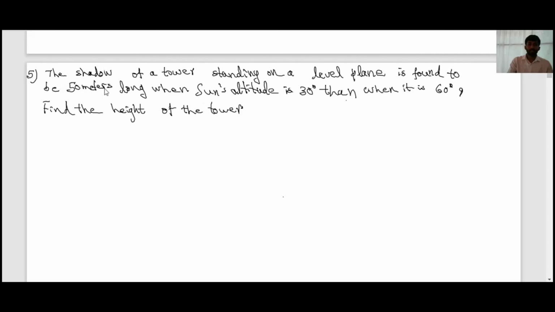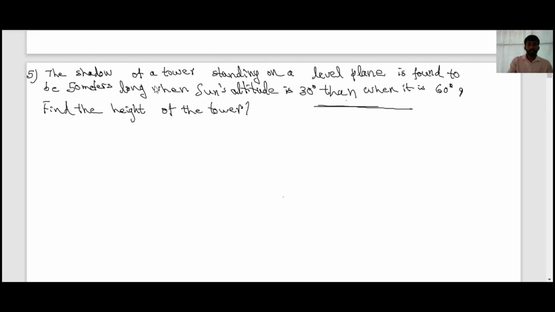See the next question. The shadow of a tower standing on a level plane is found to be 50 meter long when sun's altitude is 30 degree, then when it is 60 degree. Find the height of the tower. Read the question again.